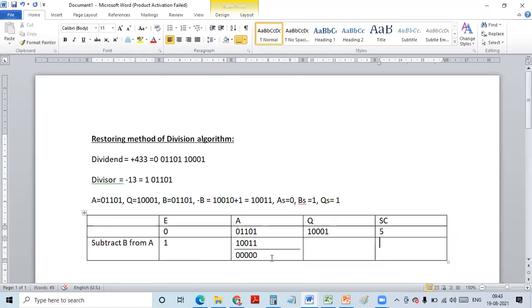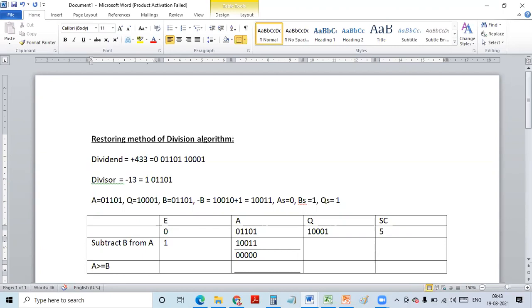So since here E is 1, it means the result is positive. It indicates indirectly your A is greater than or equal to B. If your E is 1 while performing 2's complement addition, A is greater than or equal to B.